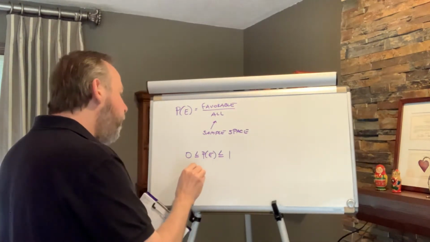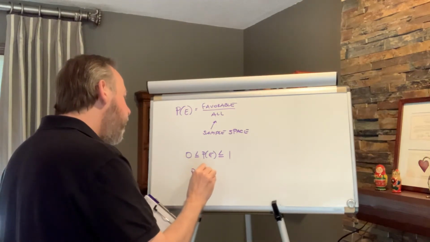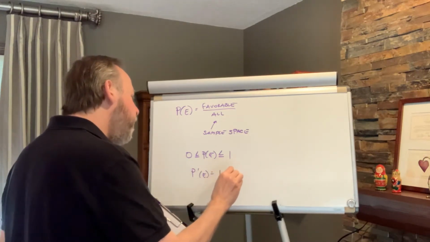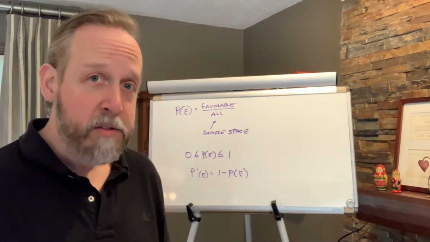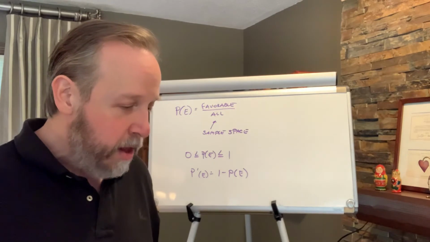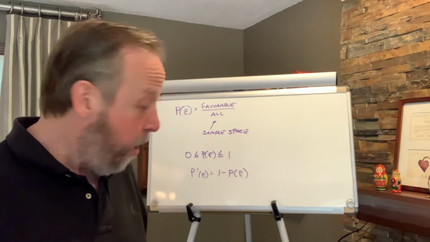And also remember that the complement of an event equals 1 minus the probability of that event. Either it happens or it doesn't, so they add to 1. So far, so good? Okay, great.